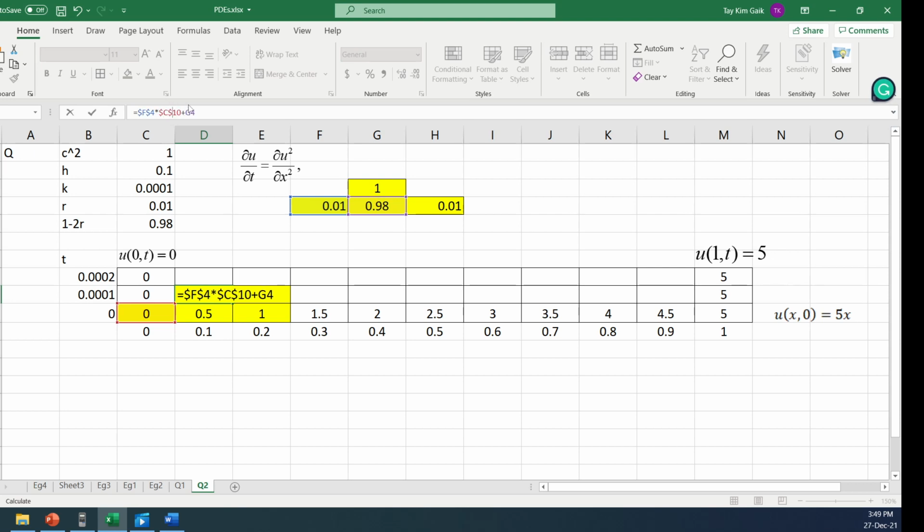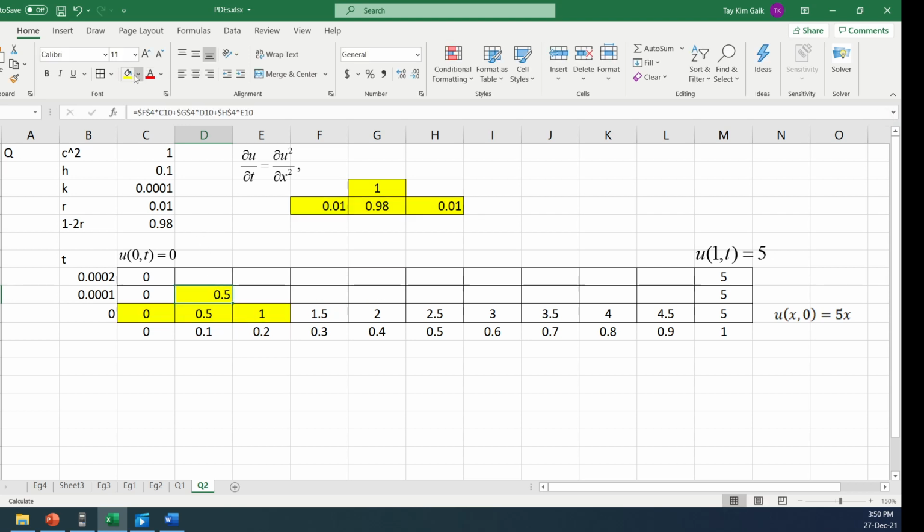multiplied by the center bottom cell, sorry, wrong place. Okay, r, make sure it is constant, plus 1 minus 2r, make sure it is constant, multiplied by the center bottom cell, plus r, make sure it is constant, multiplied by the right bottom cell.